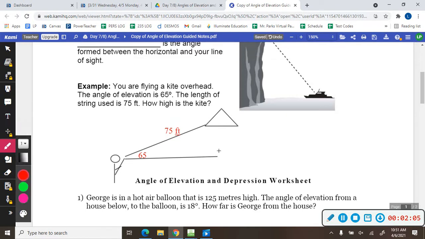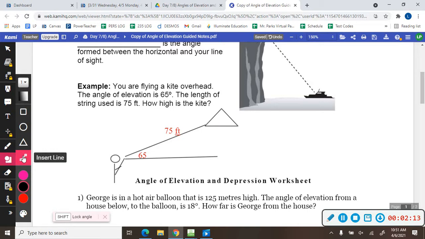So they really want us to know how far it is from here to the top. I'm going to use a line. So how high is the kite? That's more like it, okay? There we go.